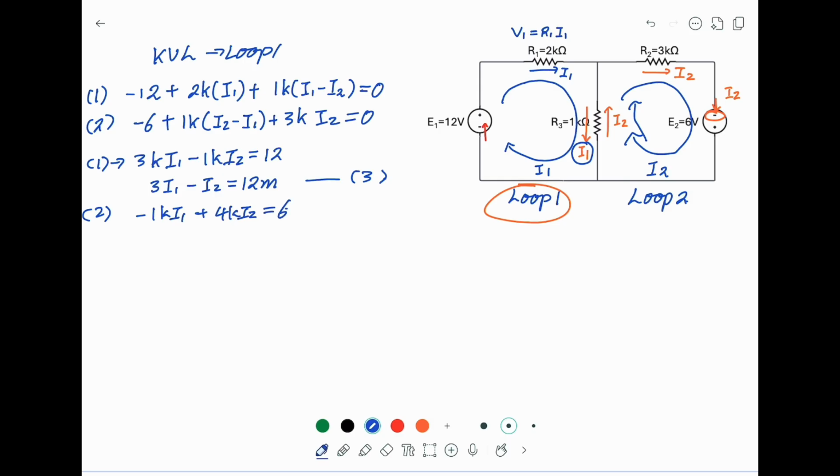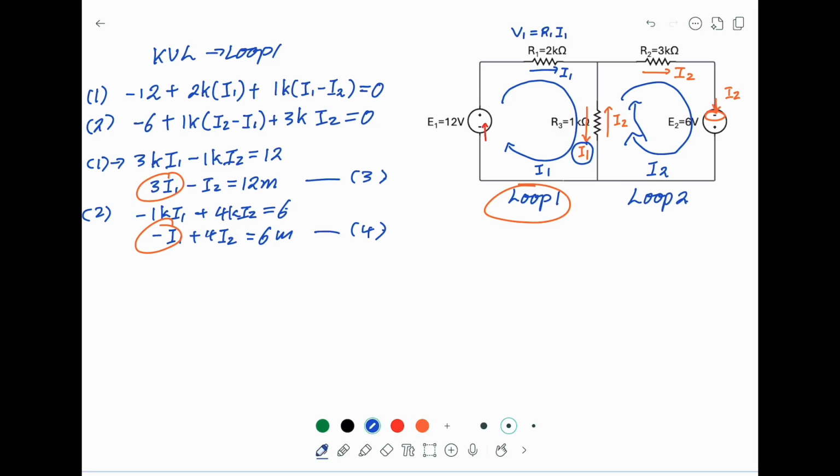Simplify it, divide both sides by k, so you will get minus I1 plus 4I2 equal to 6m. This is equation 4. Now we can use the standard method either by substitution, elimination, or even matrix method you use to determine I1 and I2. So I can use elimination method.